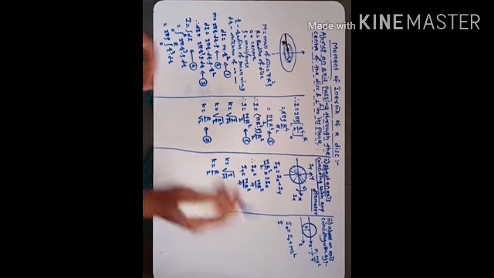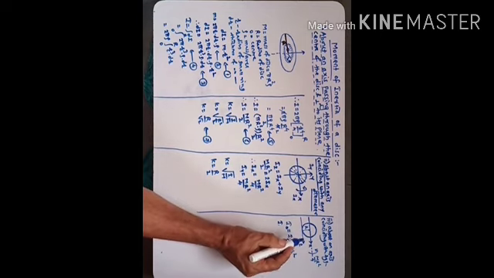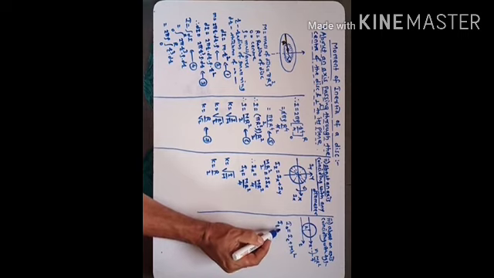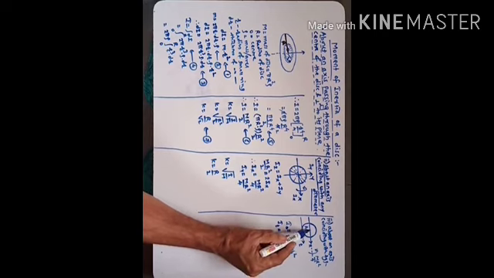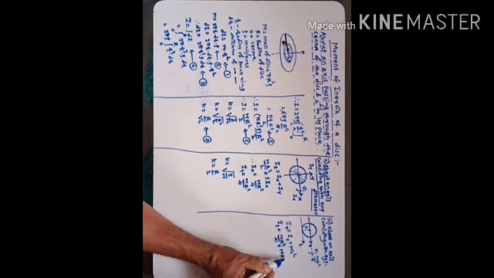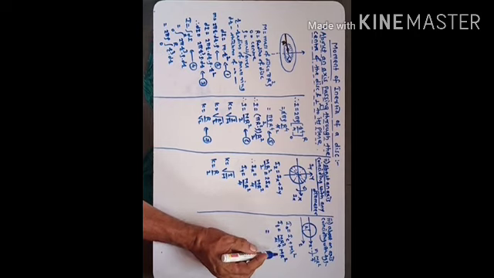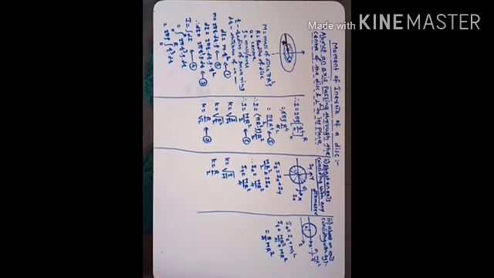Sorry, IT is equal to IC plus mh square. IO means this point O, IC means this point C. Then IT is equal to mr square upon 4 plus m, and this distance h means r, therefore I will write mr square. Here I can write mr square upon 4 plus mr square, which is 5 by 4 mr square. This is the moment of inertia about the tangent.